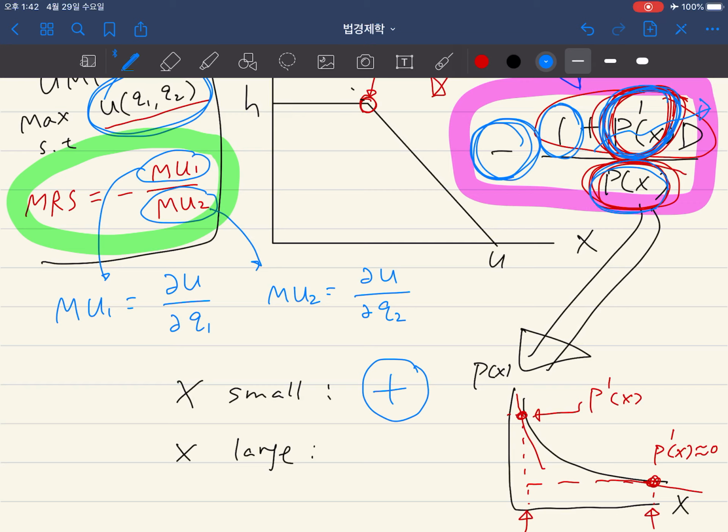And look at the denominator, it is a probability, so it's a positive number. Because of this minus sign in front of this formula, this entire expression is gonna be negative. So if we draw something like indifference curve using our objective function, it's gonna have a negative slope when x is a big number.